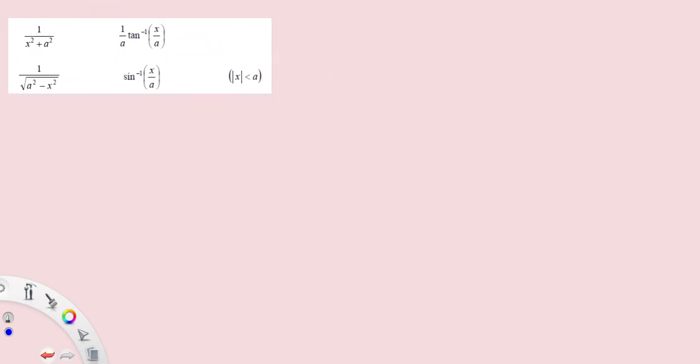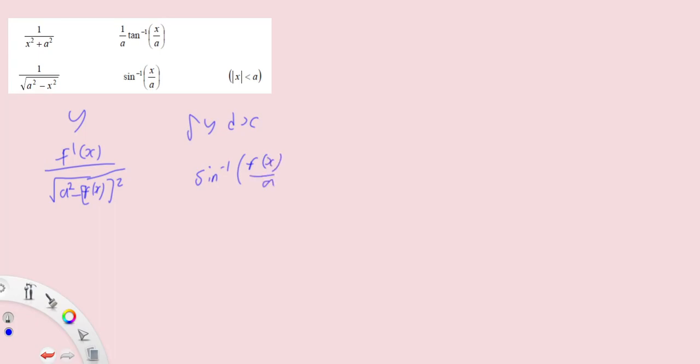So if we have y equals 1 over root a squared minus f(x) squared, then to make it even more general, let's put in f prime x. Then the integral of y dx is sine inverse f(x) over a.